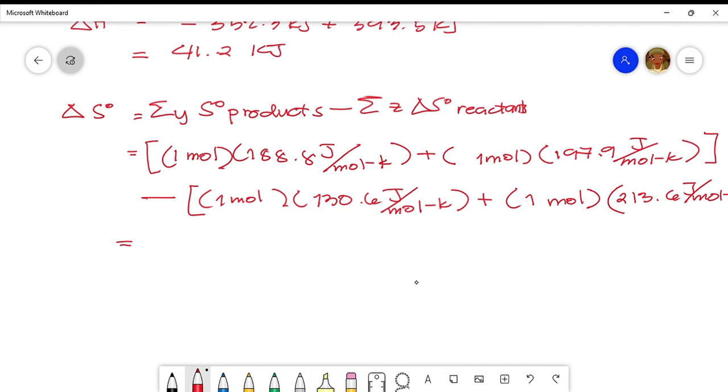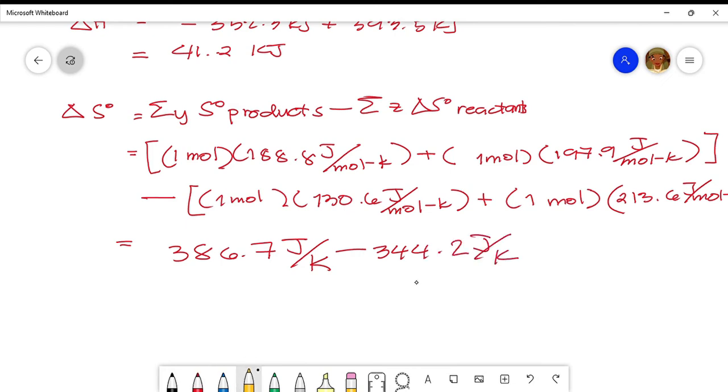And then we use our calculators to solve. We have joule per Kelvin minus 344.2 joule per Kelvin, since we're canceling out the common units.